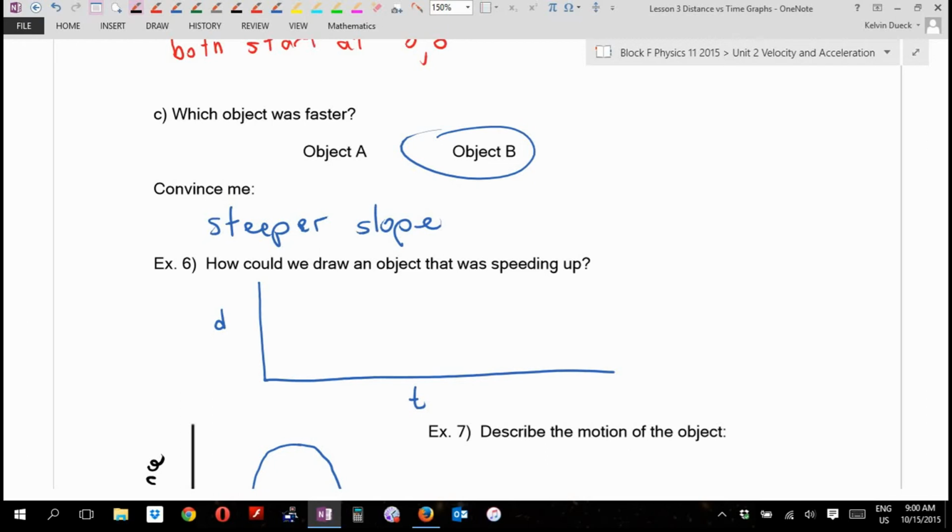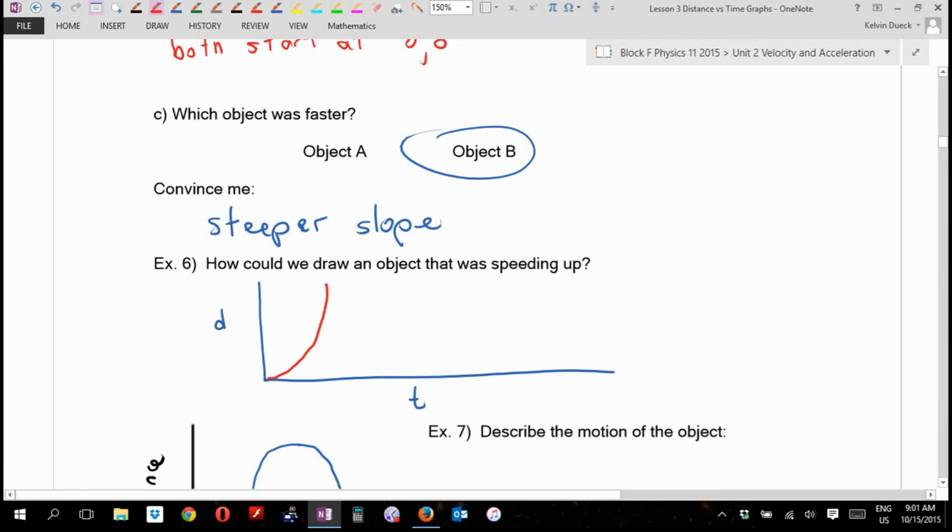Please, for the love of God, people, what's the key idea? What does speed or velocity show up as? So, I guess if I want to show an increasing speed, I want to show an increasing slope. You know what? Let's exaggerate it. Here. That thing's speeding up.